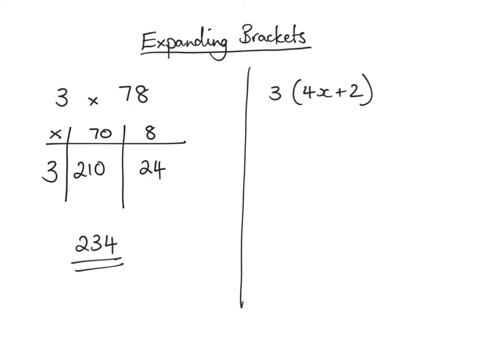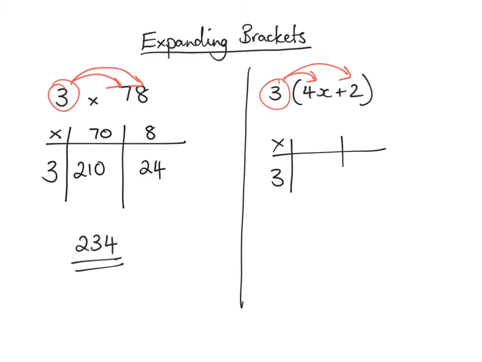Now look at the algebra. I'm going to do exactly the same thing because that 3 multiplies both of those things, just like that 3 does. It's the exact same thing. So I'm going to do 3 multiplied by 4x and 3 multiplied by 2.